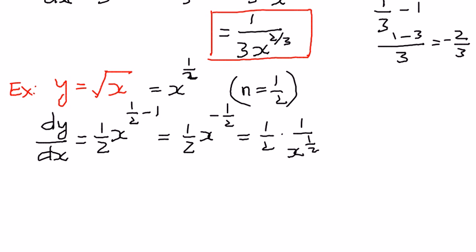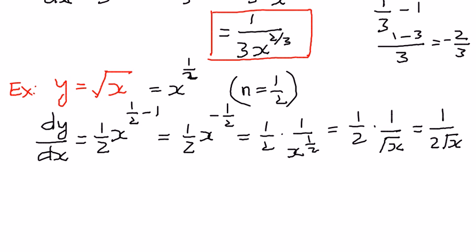We can also write x to the power of half in terms of radical terms, so we can write that as 1 over square root of x. And therefore we can put all of this together and write it out as 1 over 2 square root of x. So that is our answer.